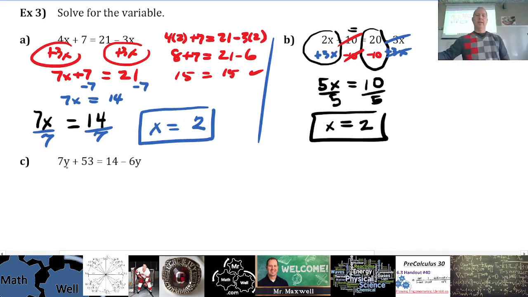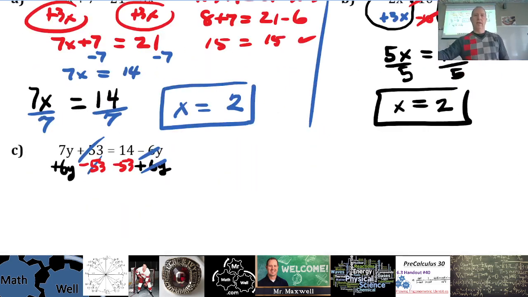All right, so again, I'm just going to bring the variable over to the left side here. I'm going to add 6y. And I'm also going to, at the same time, get the constant to the other side. So I'm going to do the opposite operation of 53. And in that way, these constants are gone on this side. See, constant's gone. And over here, the variables are gone. They've left.